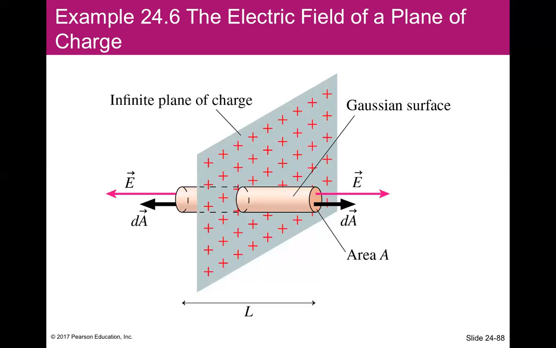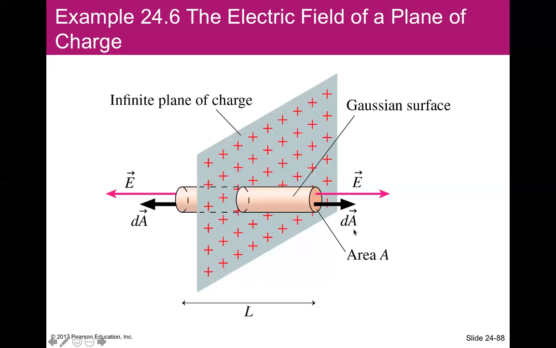The flux of the entire closed cylinder surface, the cylinder Gaussian surface, can be calculated as 0 on the side plus E times A, which is this area, plus E times A, because at both ends the electric field is going out, which is the same direction as dA.